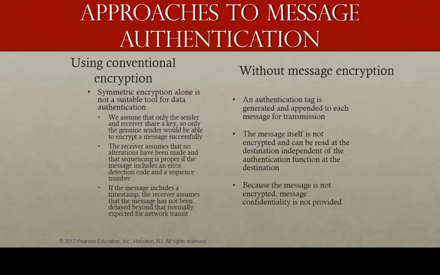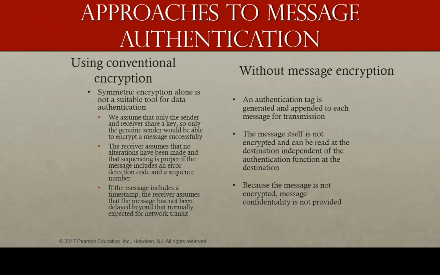Approaches to message authentication. It would seem possible to perform authentication simply by the use of symmetric encryption. If we assume that only the sender and receiver share a key, which is as it should be, then only the genuine sender would be able to encrypt a message successfully for the other participant, provided the receiver can recognize a valid message.